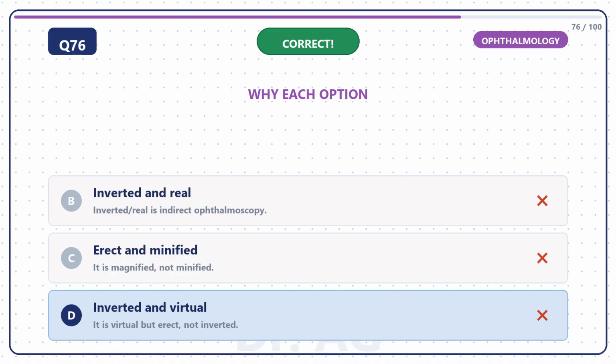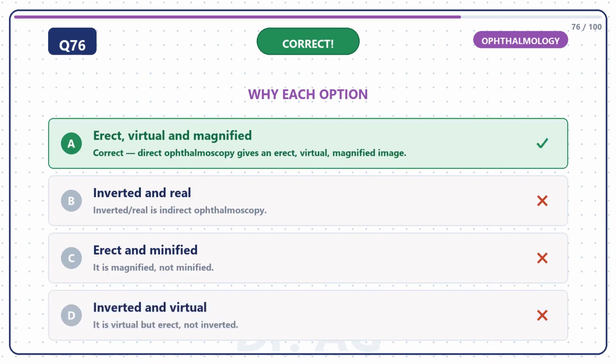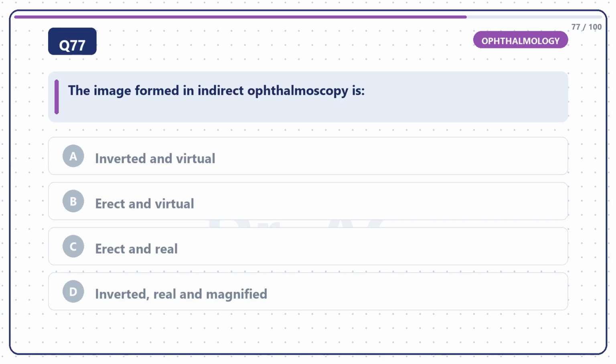It is virtual but erect, not inverted. And the correct answer is erect, virtual and magnified. Correct. Direct ophthalmoscopy gives an erect, virtual, magnified image. So, the right answer is option A. Erect, virtual and magnified.